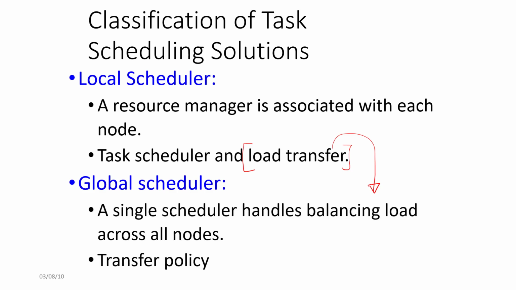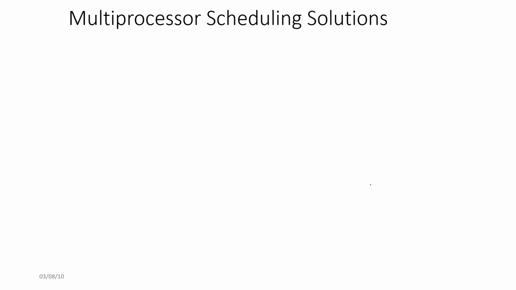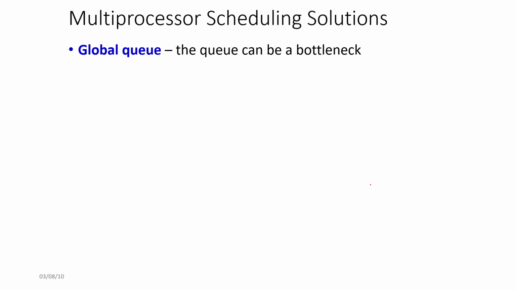A global scheduler is where a single scheduler handles the overall load balancing across the nodes. Whatever task can be moved, it moves. So it has a transfer policy, so to speak. The multiprocessor scheduling solutions will be like this. One idea is that we have a global queue of tasks. Tasks keep coming, and they are assigned to the different nodes, which could be maintaining their local queues as well.